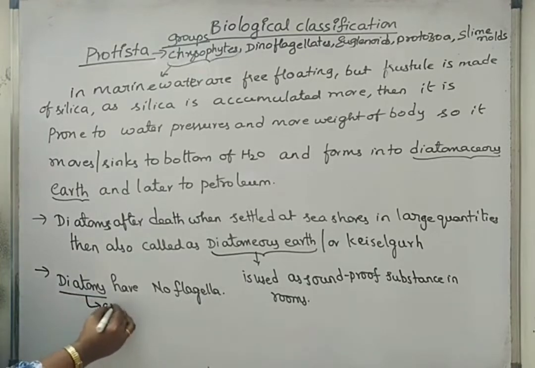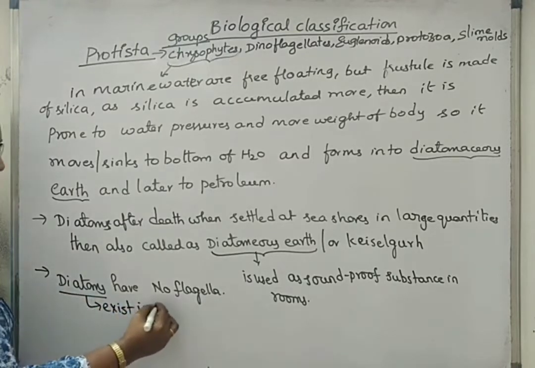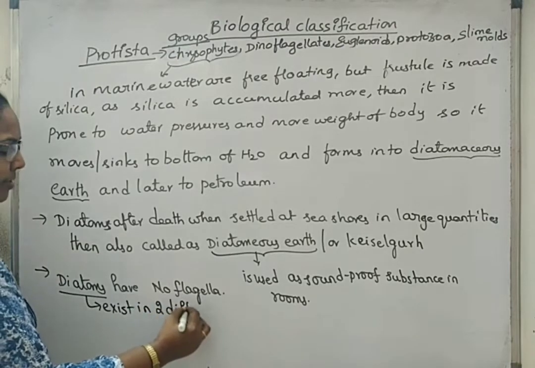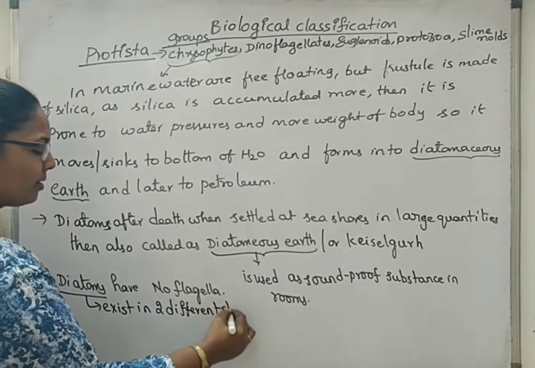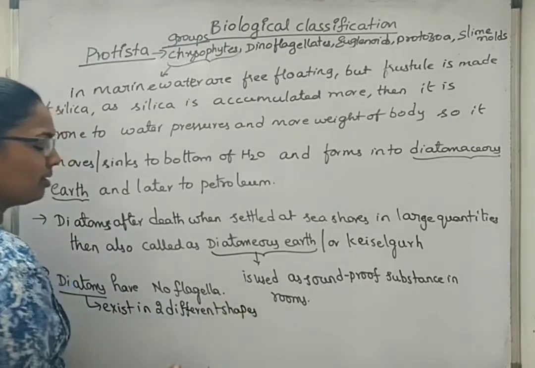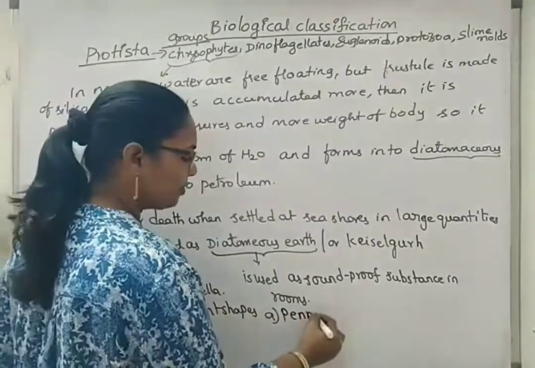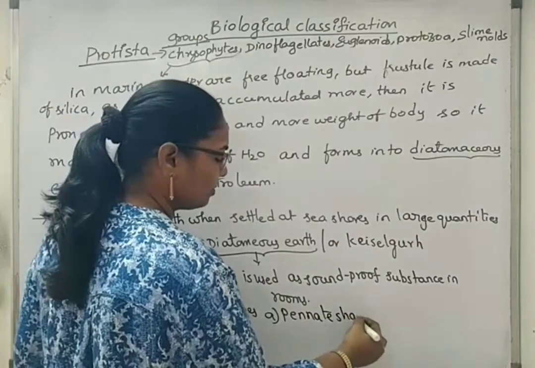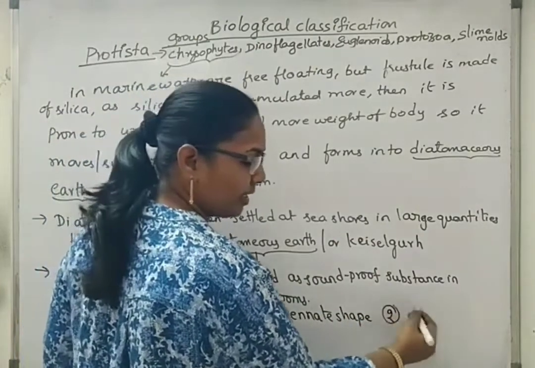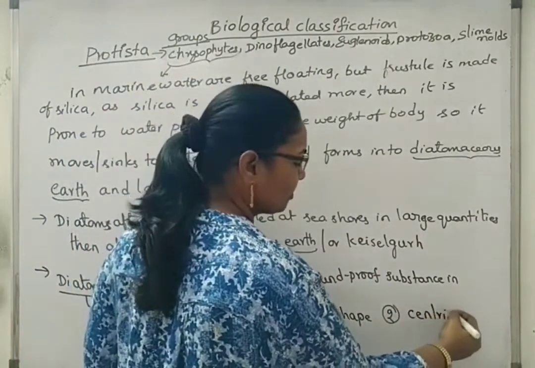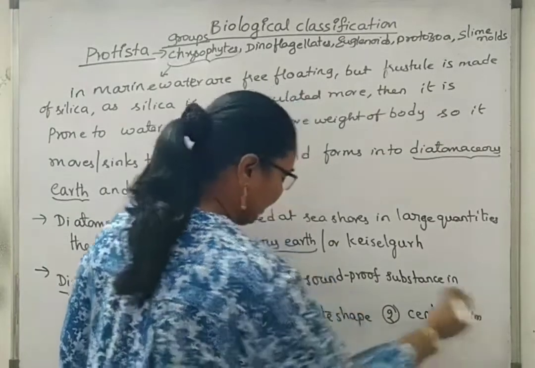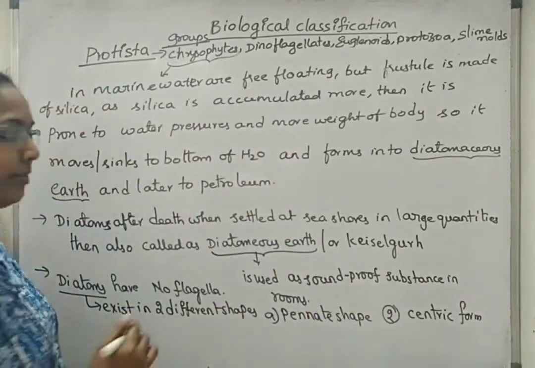Diatoms exist in two different shapes. First one is pinnate form. Second one is centric form. Pinnate form is nothing but a leaf-like shape.